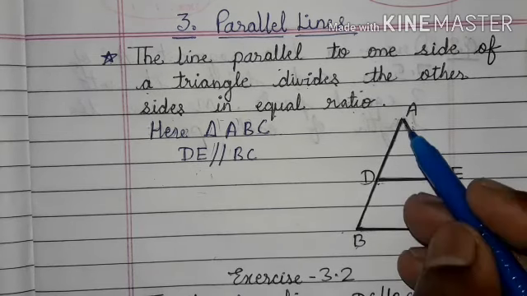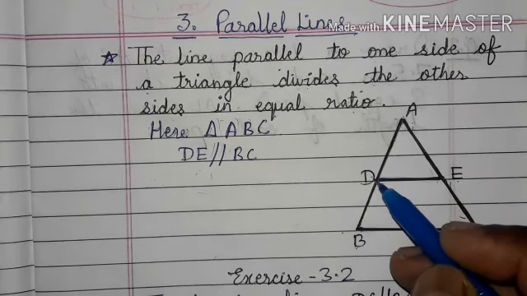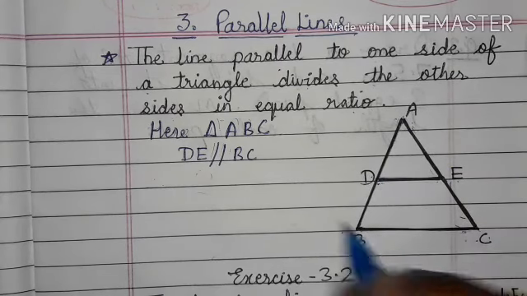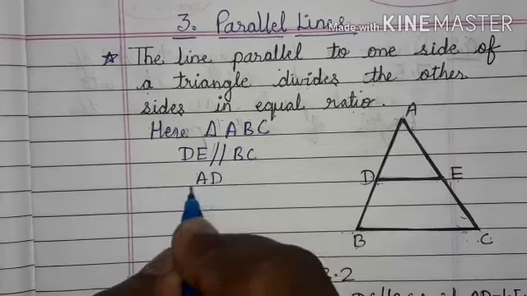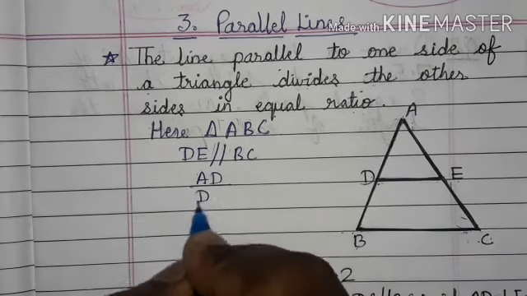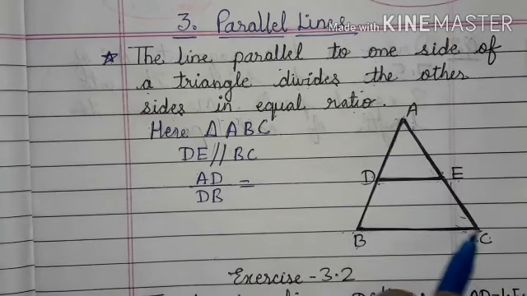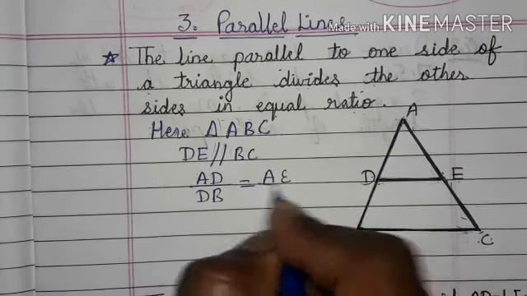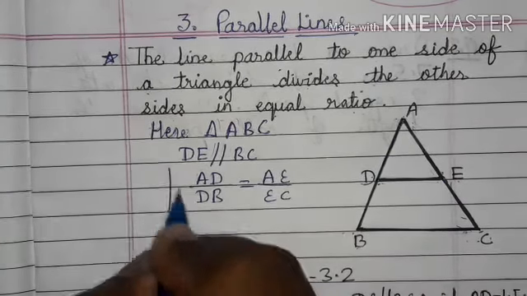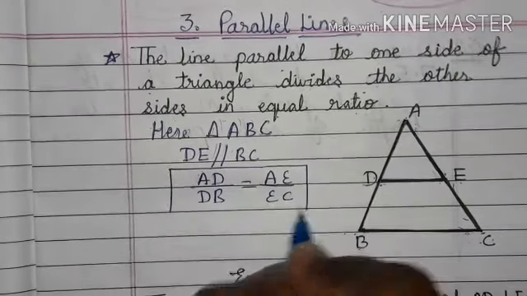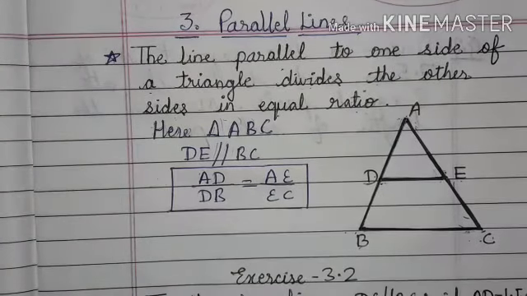Equal ratio means AD upon DB is equal to AE upon EC. This is the equal ratio.